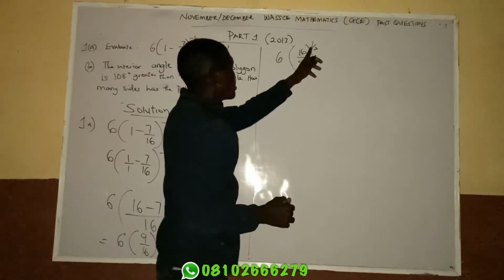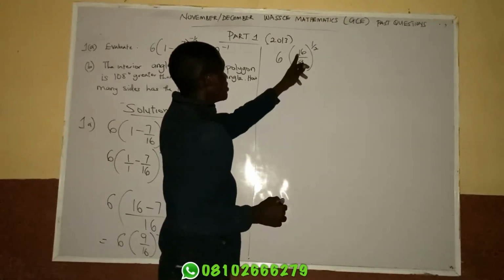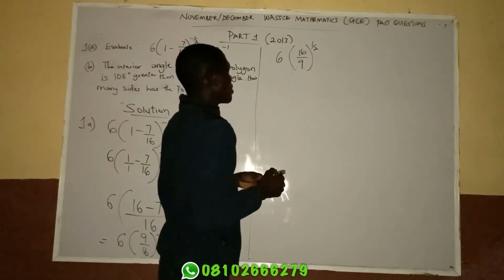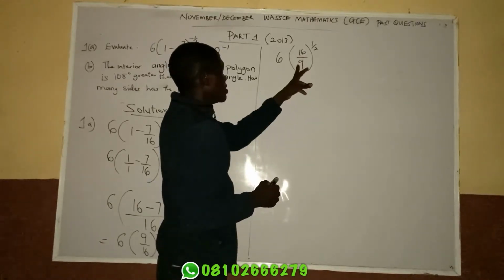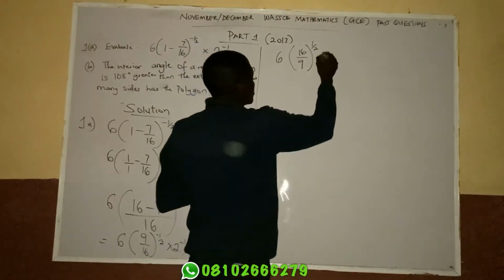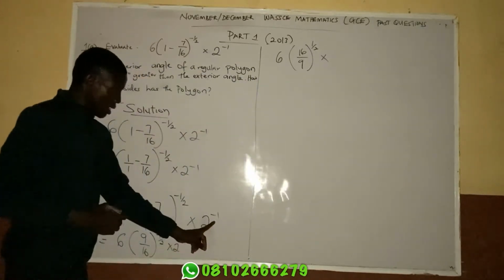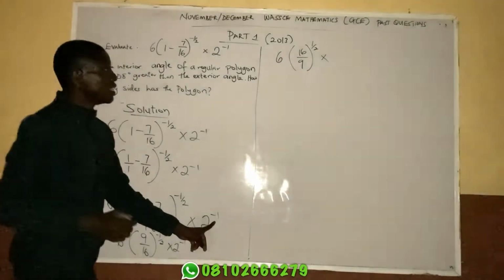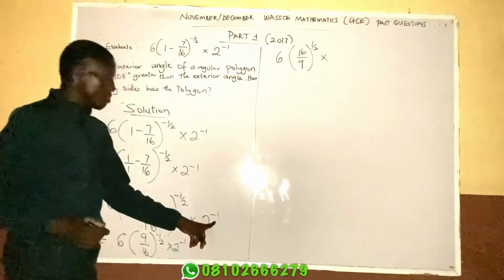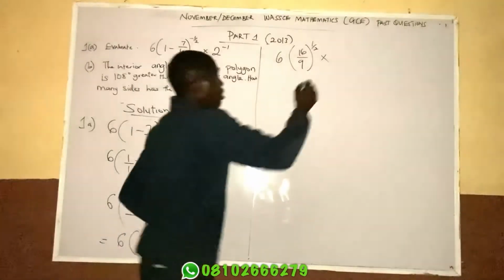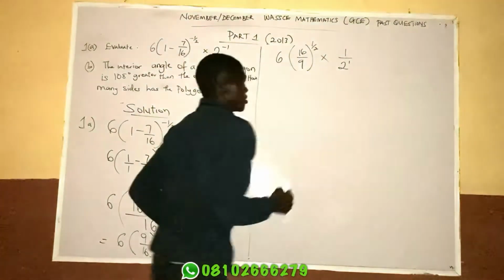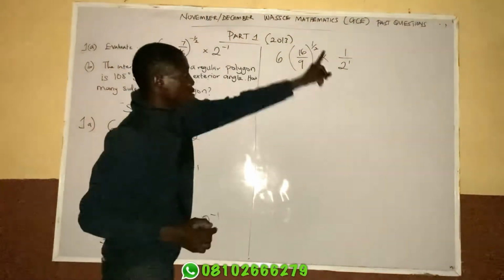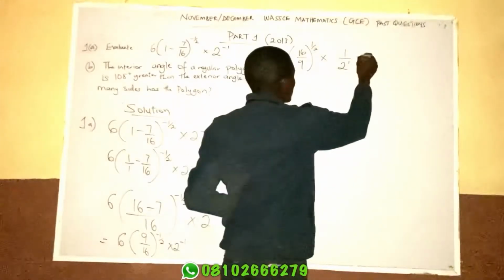So we have taken the minus away and changed the fraction in that bracket to 16 over 9, times what? Now you can see also 2 raised to power minus 1 here, which is also an inverse index. So it becomes 1 all over 2 raised to power 1. We have removed the minus.